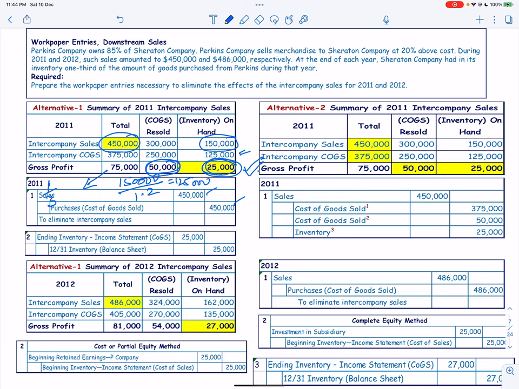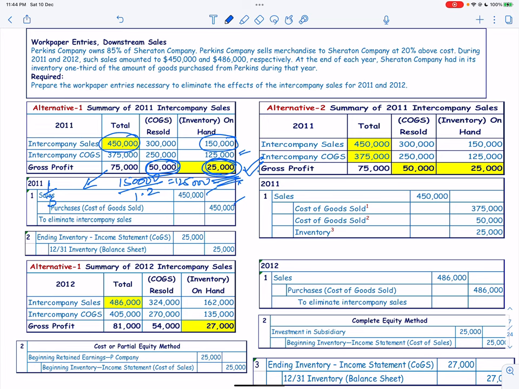Now this profit has not yet been realized by the consolidated entity through sales to outsiders, that is the third parties. So the unrealized intercompany profit of 25,000 must be reduced from the consolidated net income and from the inventory balance in the consolidated balance sheet.